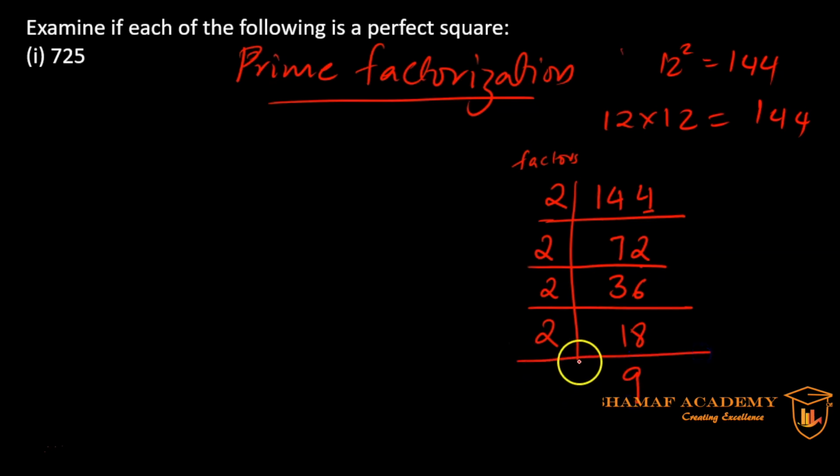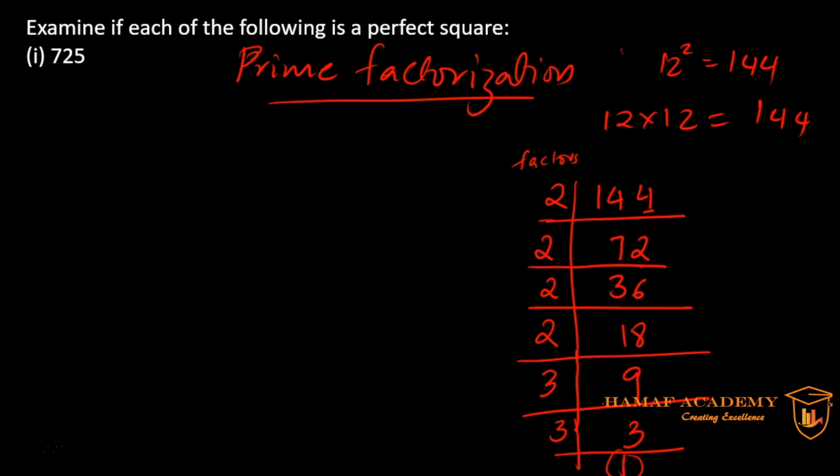Now 9 is not divisible by 2, but it is divisible by another prime number, which is 3. So I'm going to write that 3. 9 divided by 3 is 3, and then 3 is again divided by its own number, so 3. We keep doing this until we get a 1. So now I have got a 1.